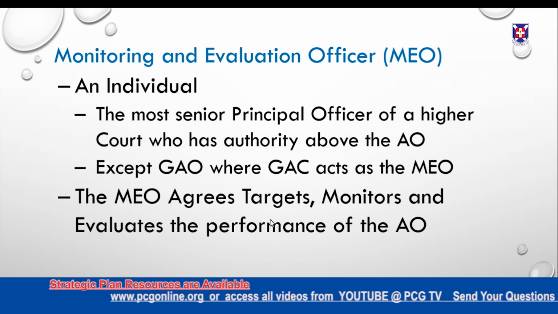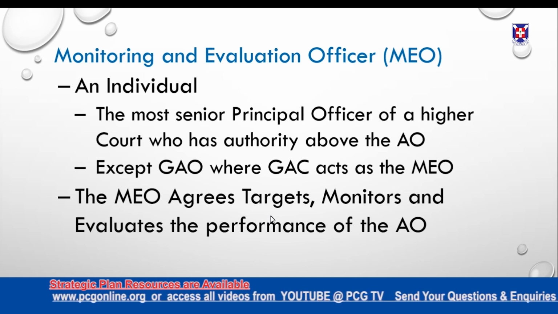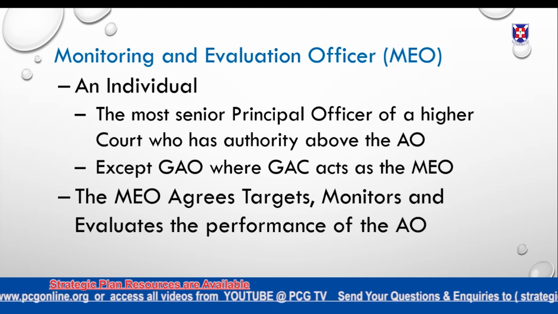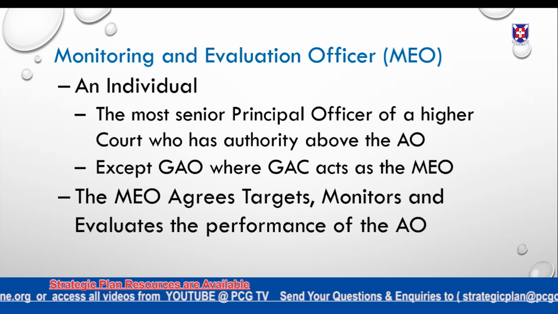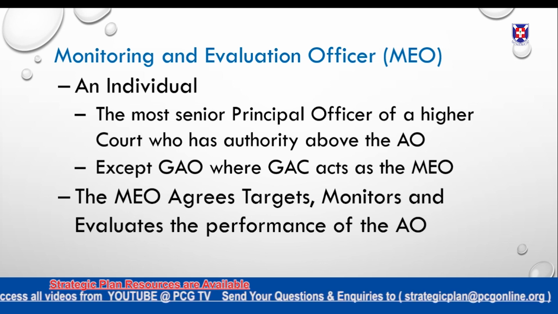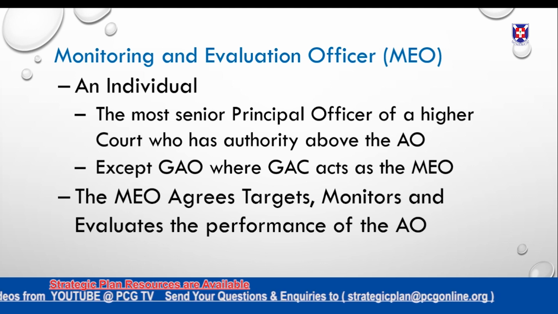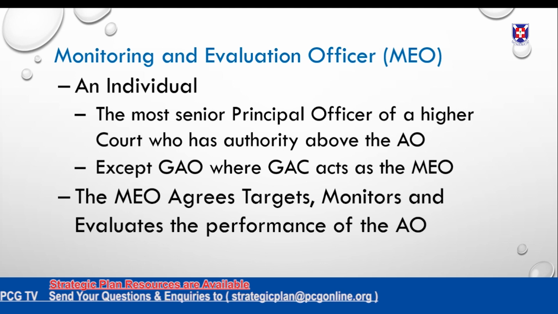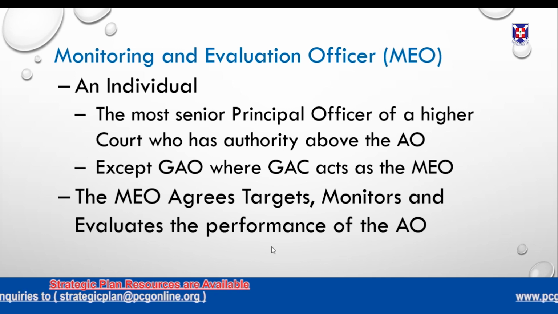And his job is to agree targets, monitor, and evaluate the performance of the AO, the accountable officer. So that's the key responsibility of the MEO: to agree targets, monitor, and evaluate the performance of the accountable officer.